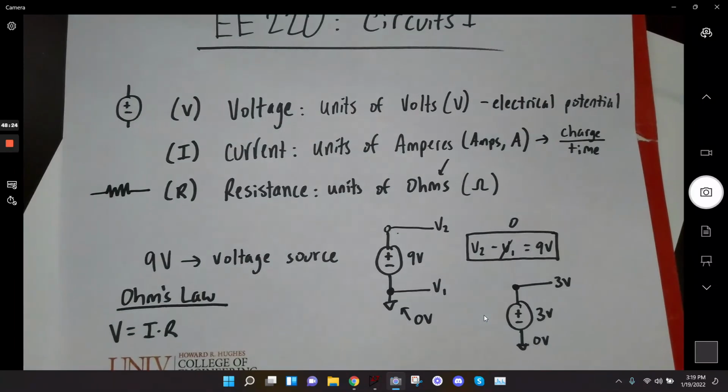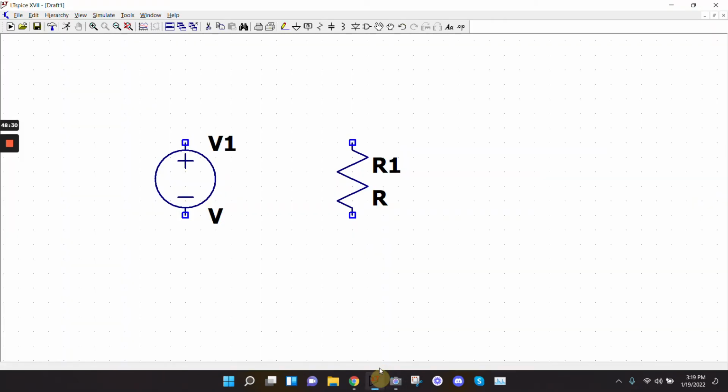I want to also note that when I draw circuits, we usually draw them in this fashion, where you have the voltage source upright and you have the resistor vertical. That resistor can be vertical, horizontal, diagonal. It doesn't change anything about anything. I don't want you to get used to looking at circuits that look the same, because the way it looks doesn't really matter.